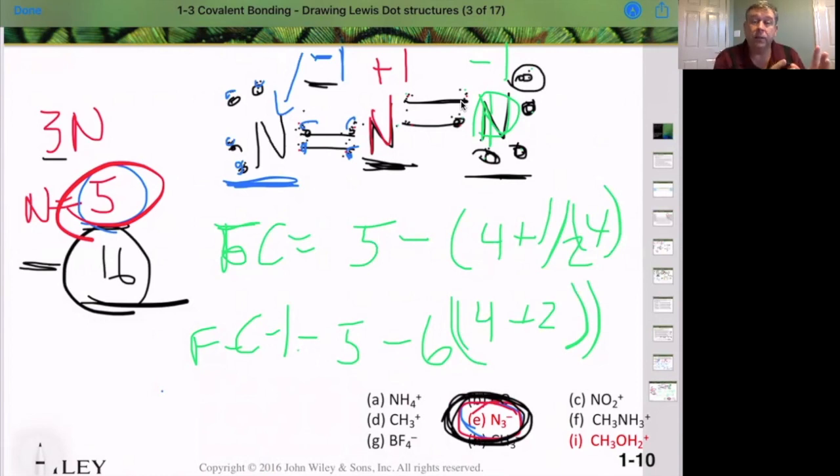One nitrogen has a -1 formal charge, one nitrogen has a +1 formal charge, and one nitrogen has a -1 formal charge. So the pluses and minuses cancel out to give your net molecule a formal charge of -1, and the individual atoms sum up as well. Okay, so that concludes this section, 1.3 of our bonding with Lewis dot structures.